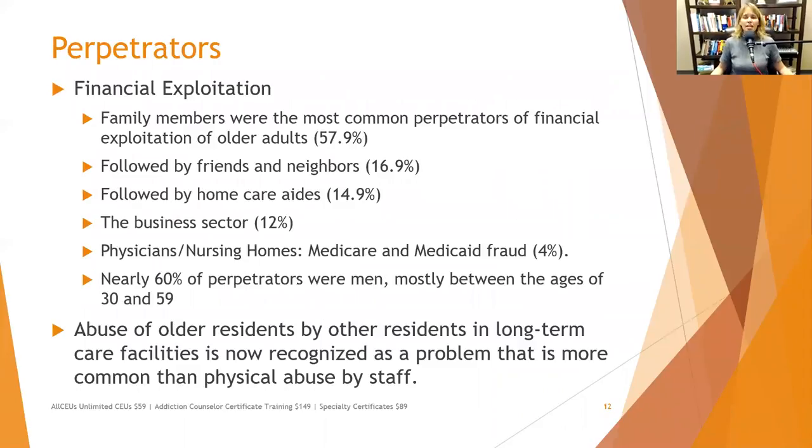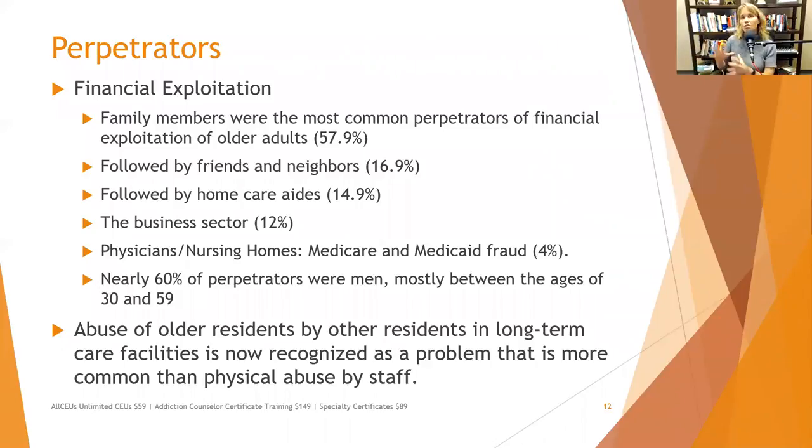Perpetrators of financial exploitation. Family members, not surprising, are the most common perpetrators at about 58%, followed by, interestingly enough, friends and neighbors at 17%, then home care aides, 15%, the business sector, 12%, physicians and nursing homes that bill Medicare and Medicaid are responsible for about 4% of the financial exploitation in terms of Medicare and Medicaid fraud.